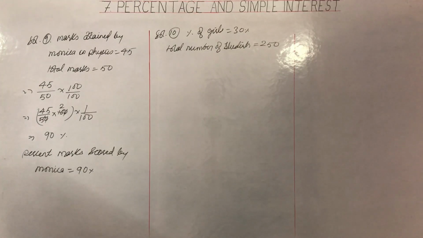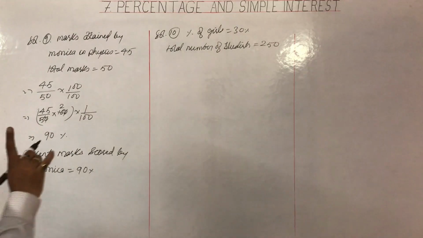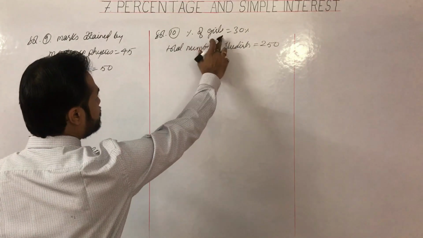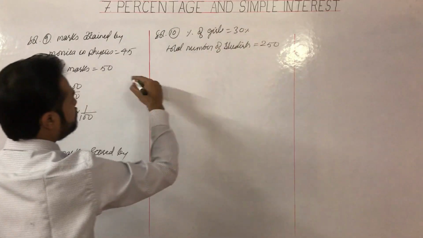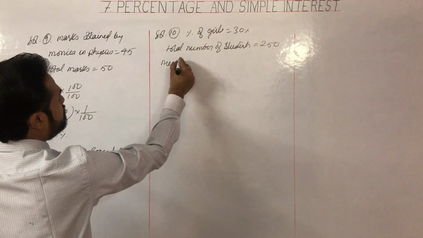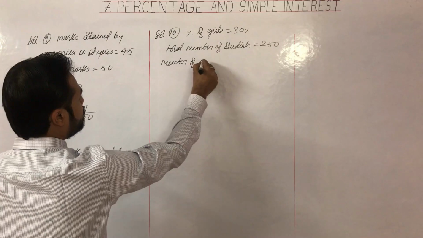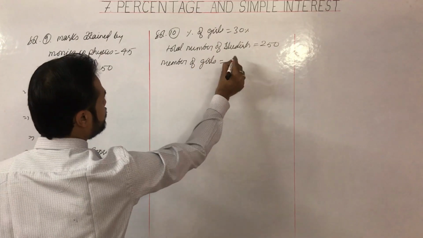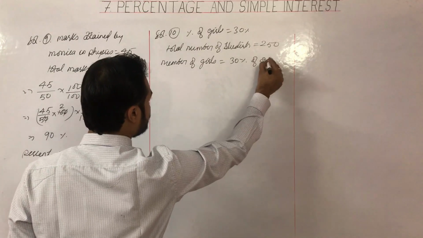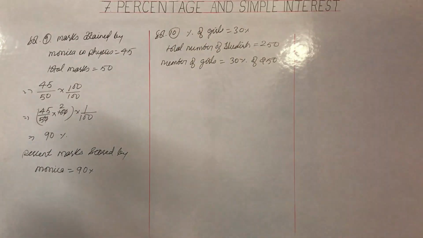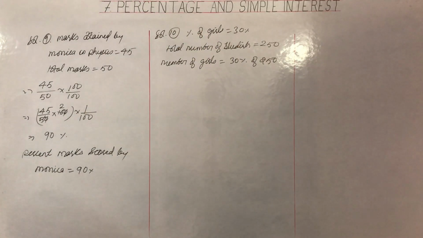So we have the percent of girls. So first of all, we have to calculate percent of girls is 30. So 30% of 250. So number of girls equals to 30% of 250, because total number of students is 250 and 30% are girls. So 30% of 250 is the number of girls.